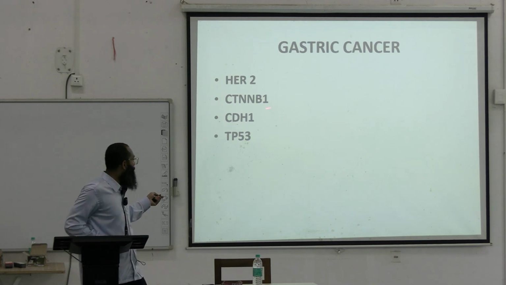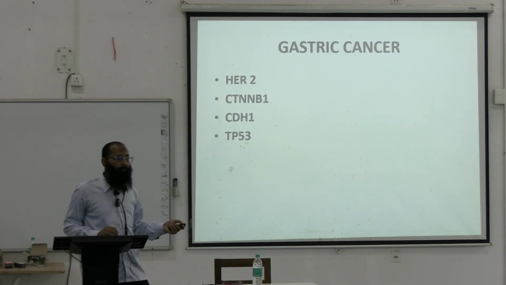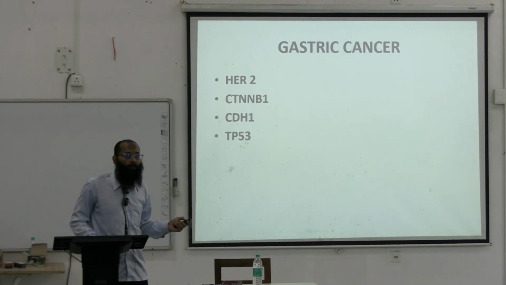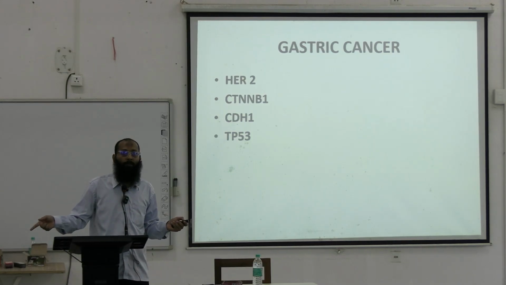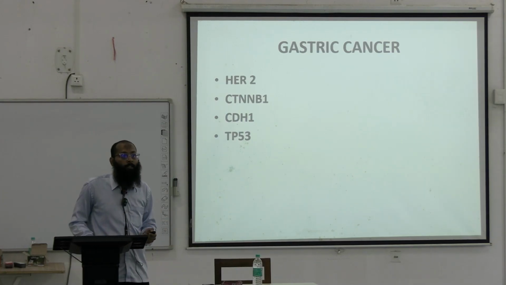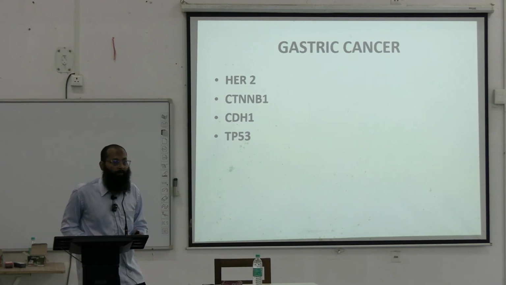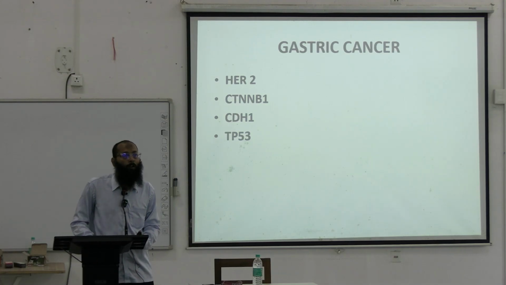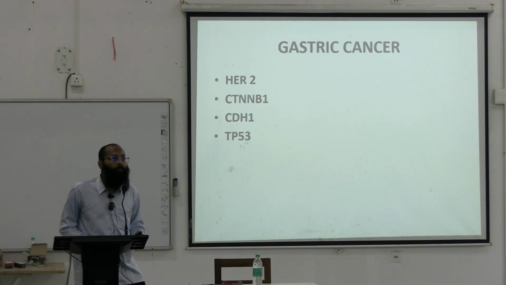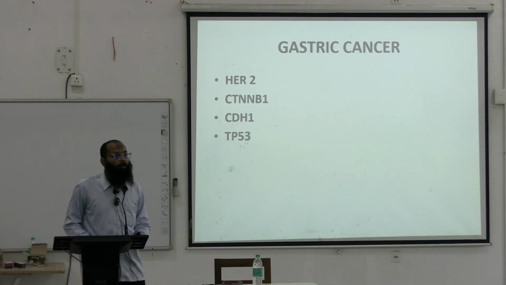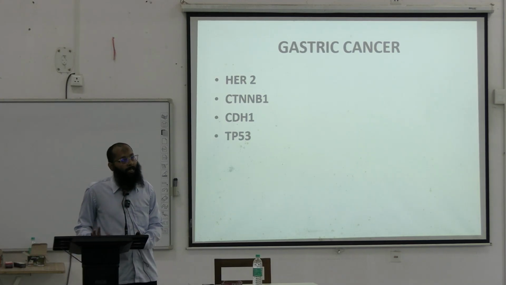CTNNB1. So it's a gene. It produces which protein? Just now I have told in the WNT pathway. It produces beta-catenin protein. So beta-catenin protein, is it a tumor suppressor gene or proto-oncogene? Proto-oncogene. Very good. So its mutation can lead to gastric cancer.